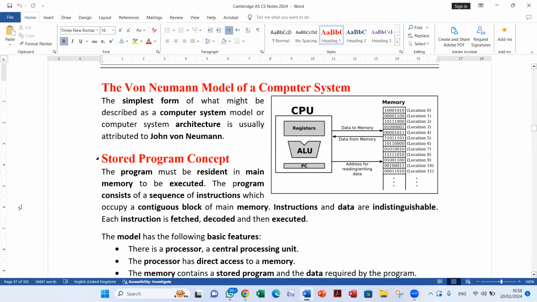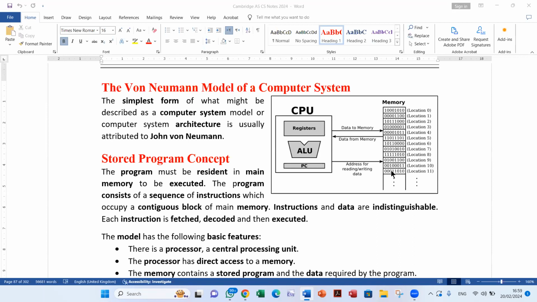This is what is called the stored program concept. So the program is in the main memory. Let us assume that what we have here in memory is the program instructions.